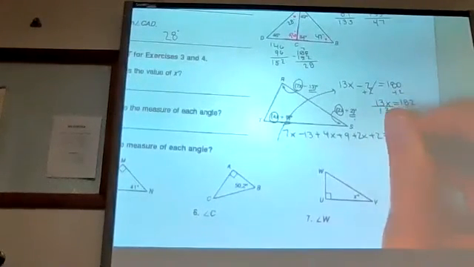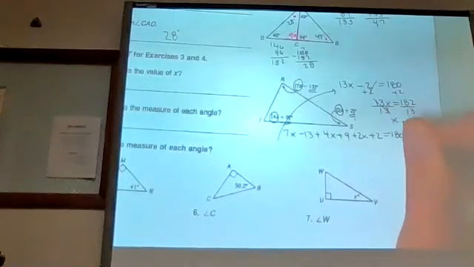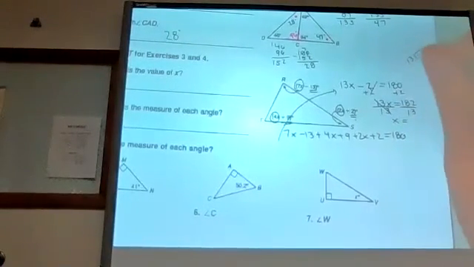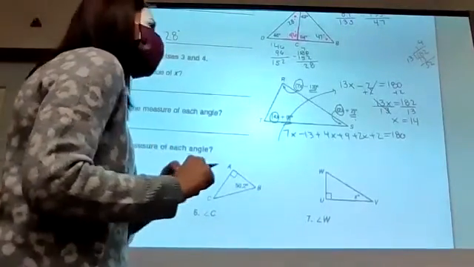Divide by 13. x equals, does 13 go into 182? Let's see, 13 goes into 18 once. That gives me 52, which is 4. 13 times 4 is 52. So this is 14. 13 times 14 is 182.